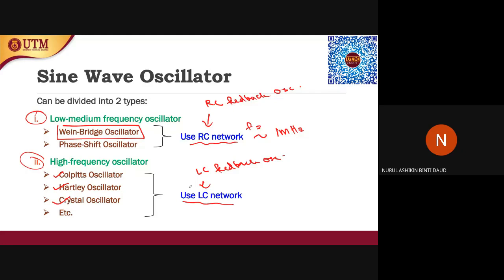These types of oscillator are usually used at higher frequencies, more than 1 megahertz. They need a higher frequency to make the oscillation. These are examples of the two types of oscillator, and we will look into detail at the Wien bridge oscillator.